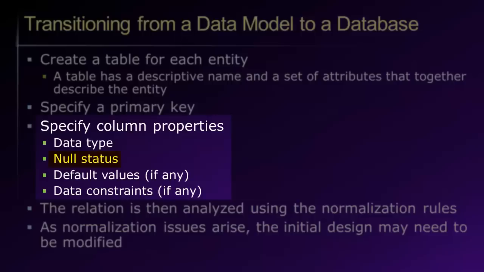Next, the null status of the attribute, that is, are null values allowed? Then default values, if any, for the attribute, that is to say, if a specific value for the attribute is not supplied, is there a value that we would want the database to fill in automatically for us?